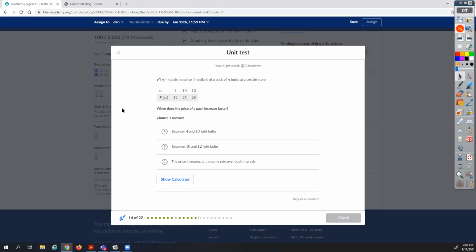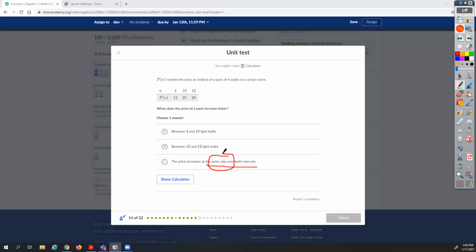All right, again, when does the price of the pack increase faster? Between 4 and 10, between 10 and 12, the price increases at the same rate over both intervals. Well, I like what it says here, guys. The price increases at the same rate. You guys learned this before.